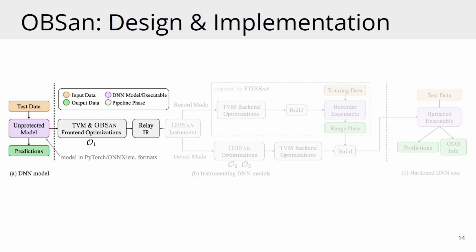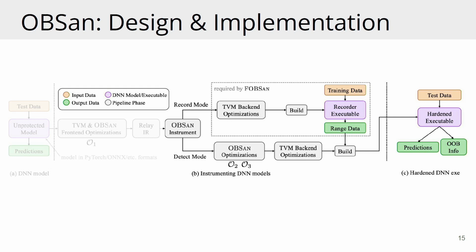Based on that IR, OBSan can begin the instrumentation process for the model. There are two modes for OBSan's instrumentation: detect mode and record mode, which have different final outputs.